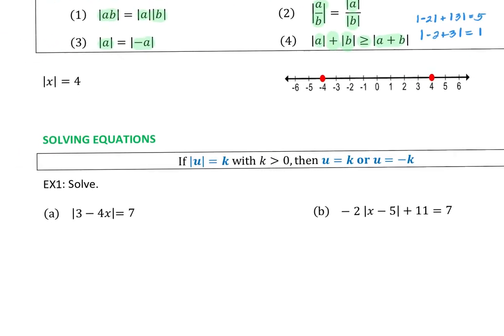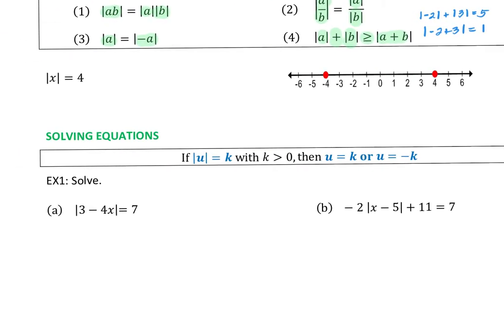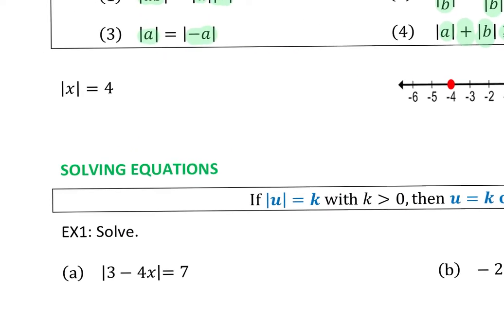So let's really quickly look at where we get our equation for our absolute value. And we'll look at this very simple example where we have the absolute value of x equal to 4. So when we think about that, the x's that will make this equation true would be if x is equal to positive 4, or if x is equal to negative 4.